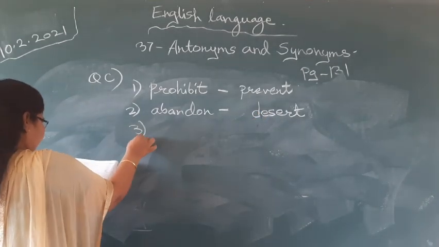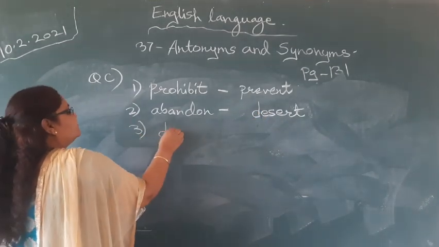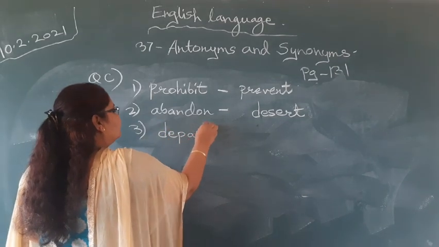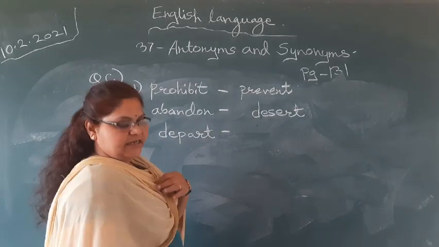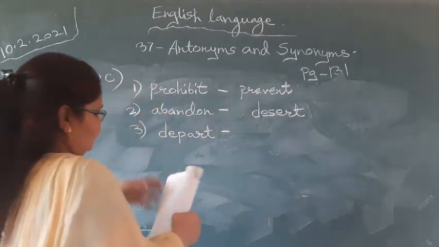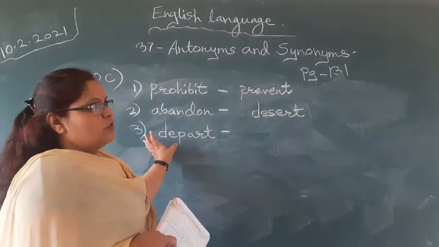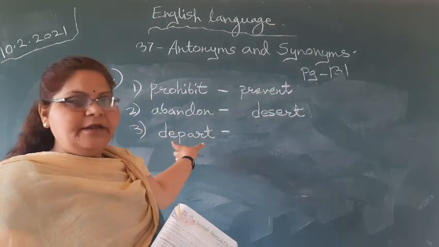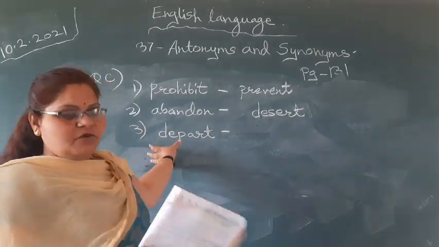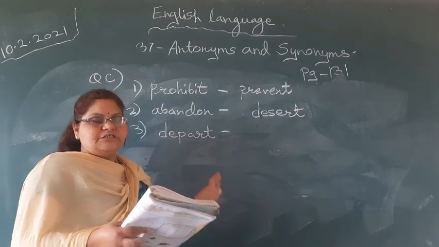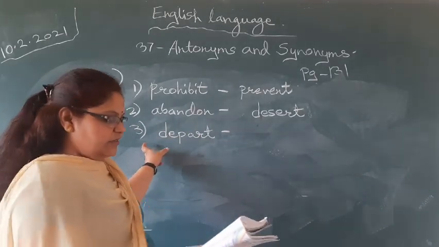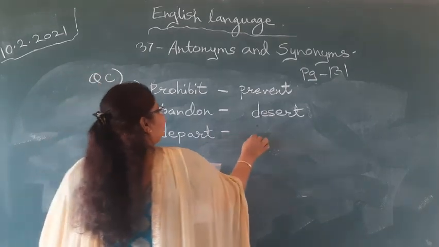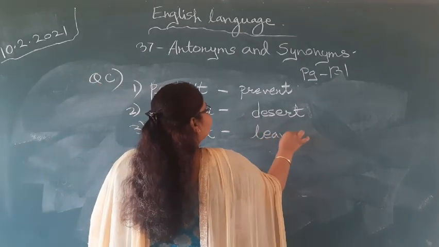Third number, depart. निघून जाना, निकल जाना, that is depart. See, when we go to a railway station or airport, a departure is there, from where we leave that place. निघून जाना, this word you can hear at those places. So depart means leave, छोड़ के जाना.